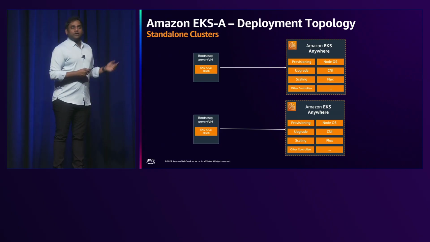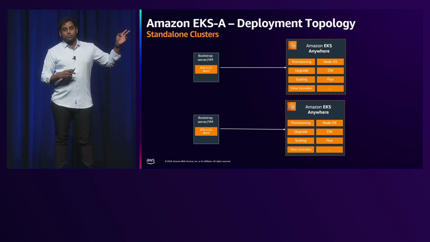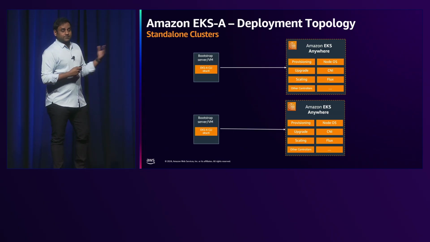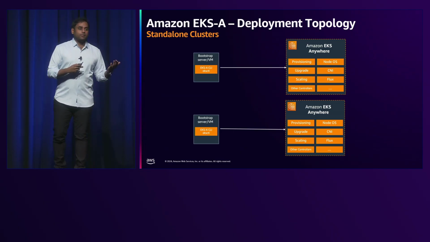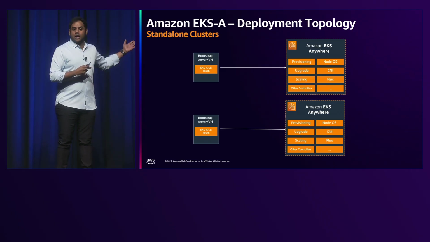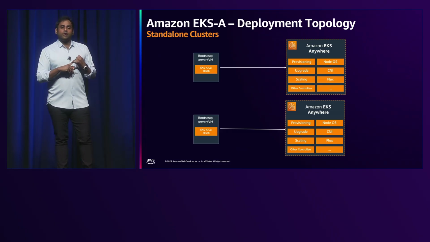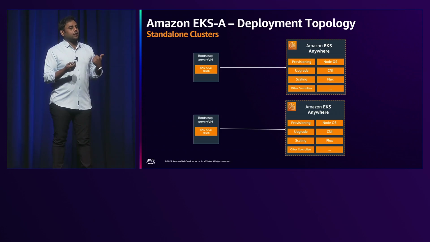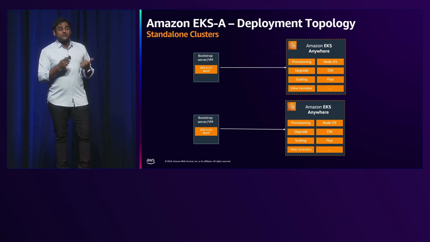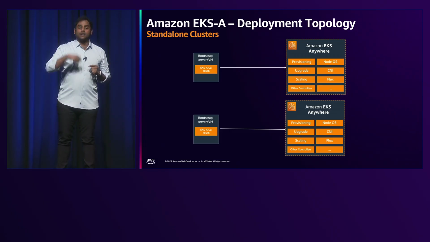Now the deployment topologies. EKS Anywhere supports two different deployment topologies, right? And as the standardized CAPI procedure involves having a workload and a management cluster, the same approach is available with EKS Anywhere, where you can use a single cluster based option, where customers are free to use the single deployment option, managing singleton clusters, which will be provisioned with all the controllers on top of this cluster, which can manage the cluster itself.